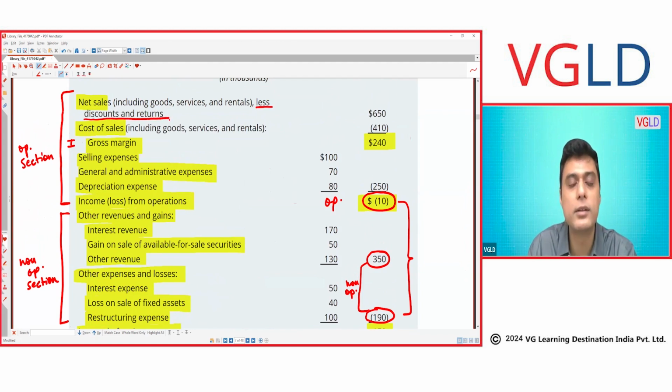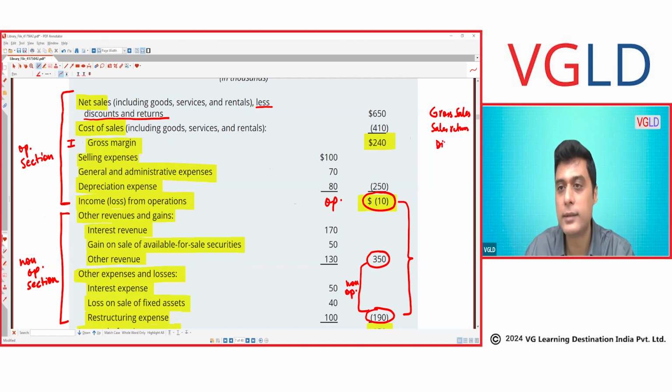Gross sales less any sales returns, less any discounts is your net sale. That's why it's called net sale. As a concept, it falls under the gross concept, but yes, it is net of sales return and discounts.